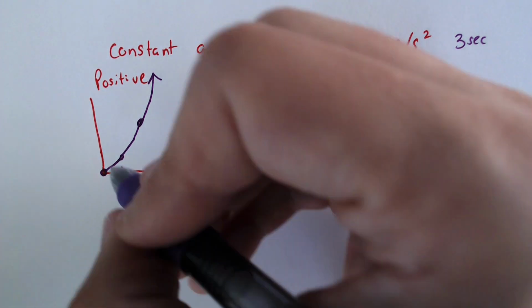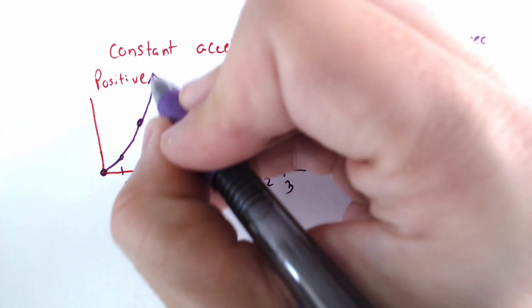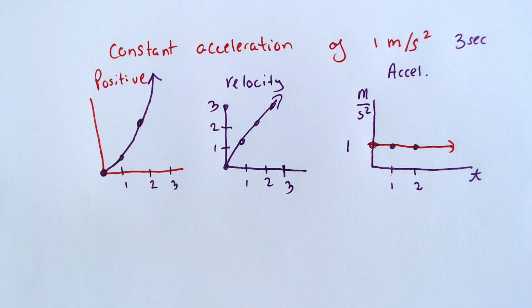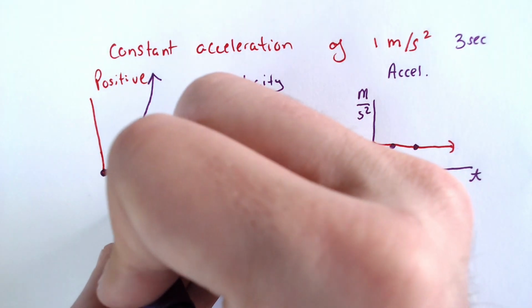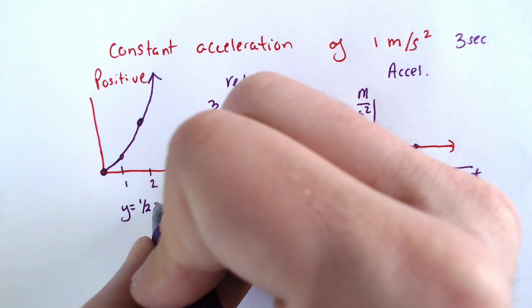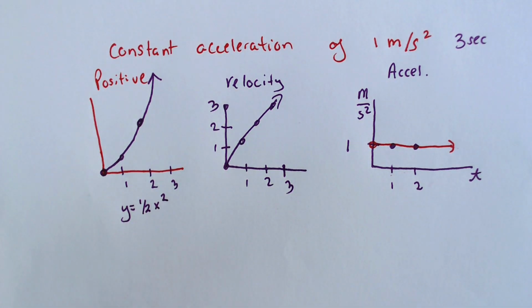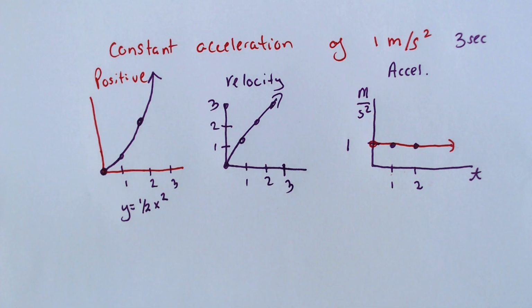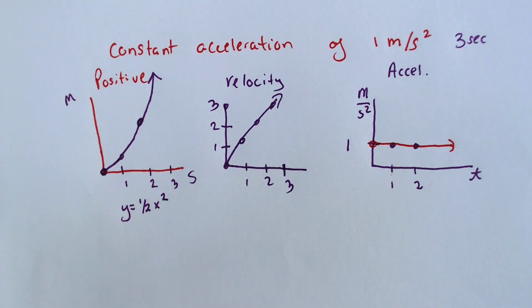It's going to continually have this curvature indicating that it is going faster and faster. And the actual equation for this would be y equals 1/2 x squared, which makes sense because when we dealt with our kinematic equations, you noticed that 1/2 at squared, which was 1/2 the acceleration times time squared, and so forth. But this would be meters, and this would be seconds.